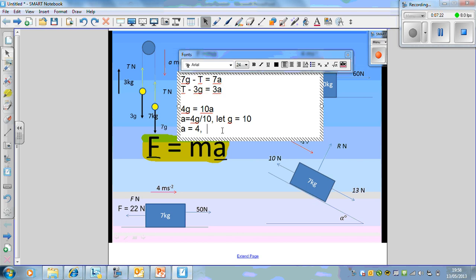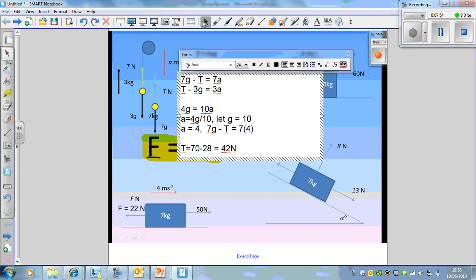Okay, so we get 7 lots of g minus T is equal to 7 lots of 4, because we know the acceleration is 4. So in that, what happens there is that T is equal to 7 times g, which we know is 70, because we're making g equal to 10, minus 28, which is equal to 42 newtons.